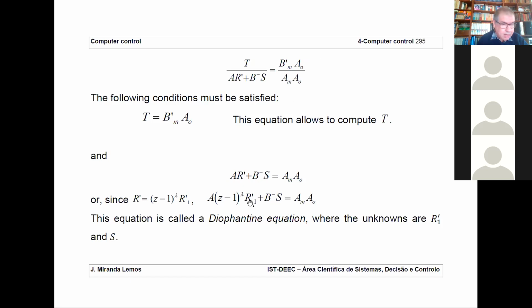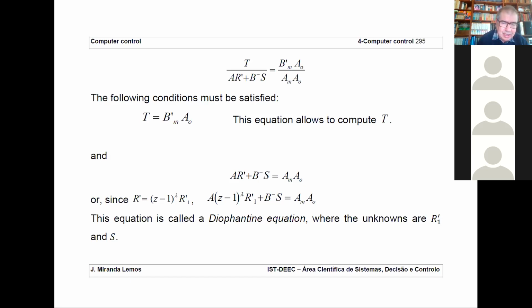The unknowns are R1 prime and S. Have you met this type of Diophantine equations before in some other course? Perhaps related to computer science or digital systems or something like that? No? Coding? Okay, but it appears.